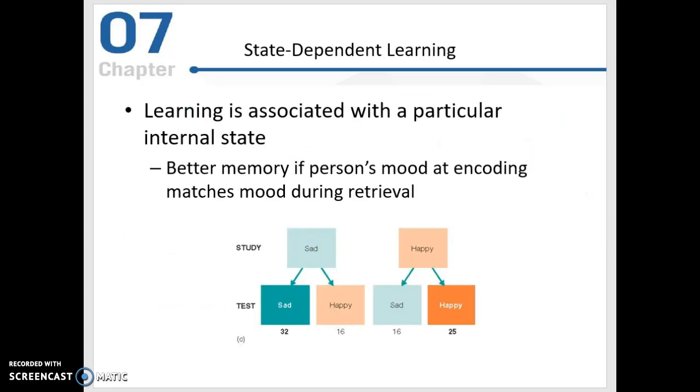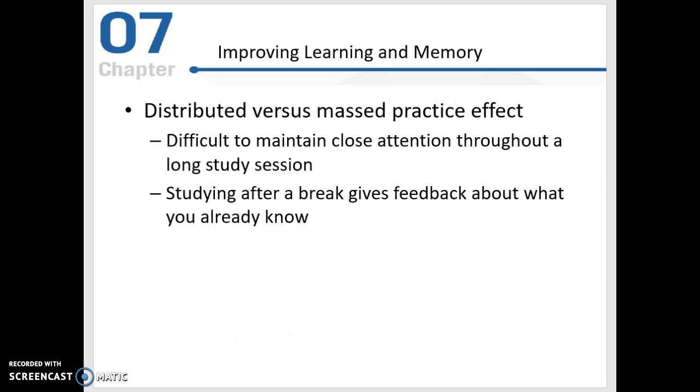And then the state-dependent learning refers to your essentially emotional and mental state. So if your mood at encoding is a certain level, then you will perform better if you were in that same mood when you are trying to retrieve the information. So all of these are important for thinking about test taking, for example. So the place and the situation and your mood can affect all of that at the retrieval.